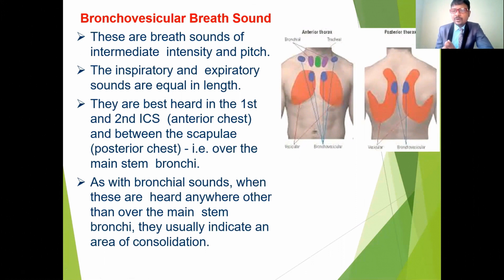So we have to know where we normally hear these sounds. Other than the normal locations, it indicates consolidation, fluid accumulation, or air, or the sound may be different. These are called other or adventitious sounds.